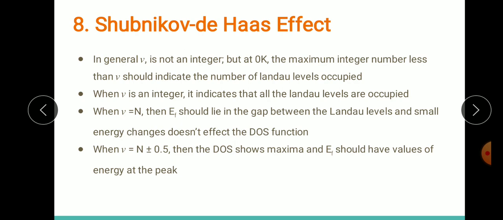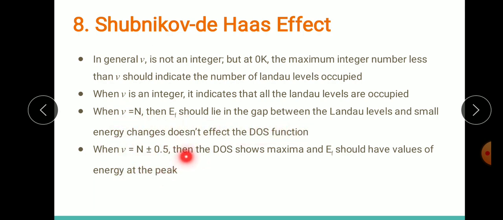And if V is an integer, it indicates that all your Landau levels are occupied. And if V is an integer, then its Fermi level will lie between the Landau levels, and a small change in energy will not affect the DOS function at this condition.